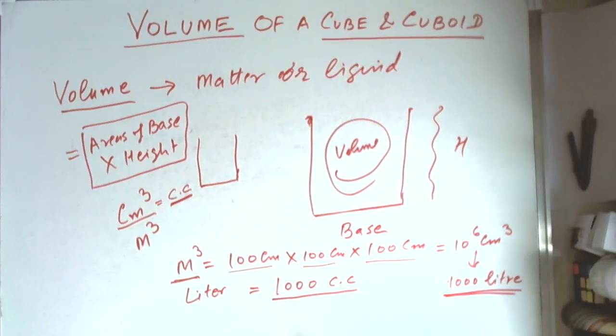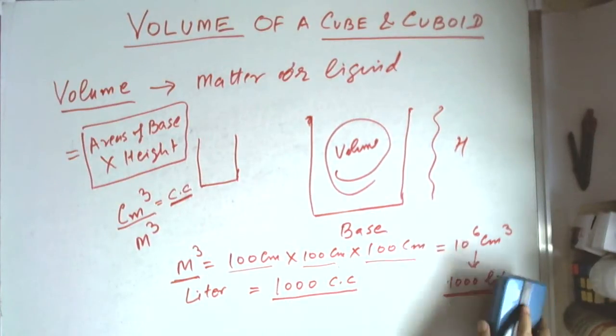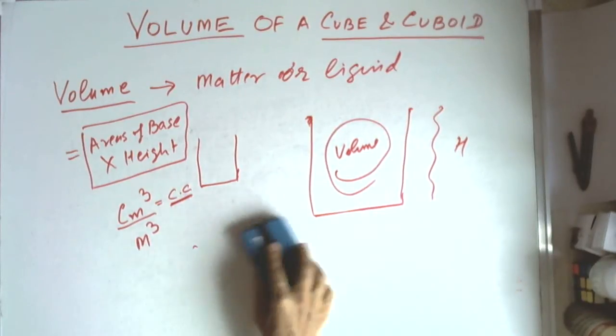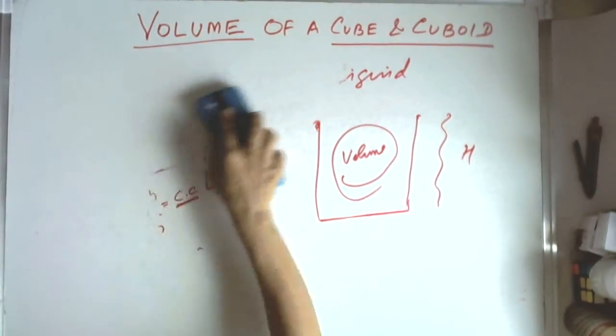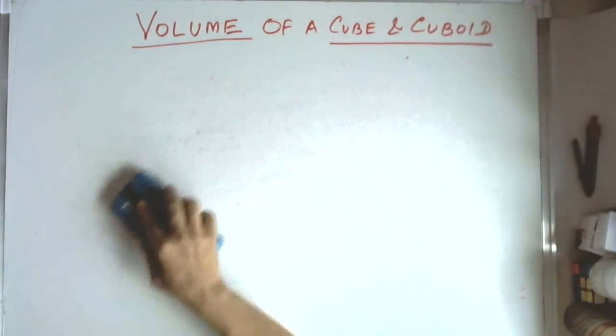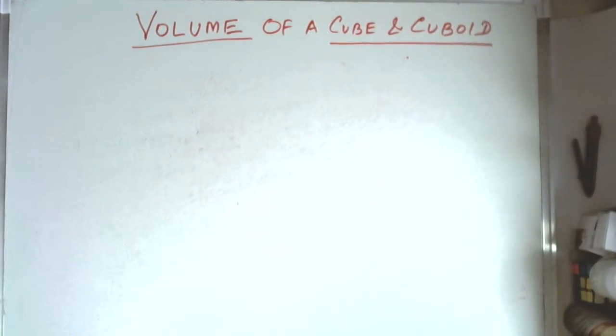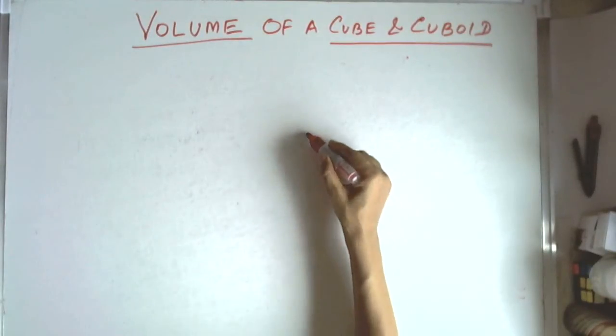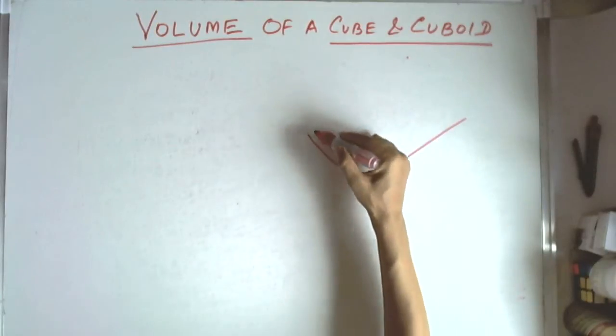Now let us see, if we have a cuboid, how will we calculate the volume of a cuboid? Again, in case of cuboid, we can apply the same basic formula, which is base into height. So in case of cuboid also the same will apply. So we have a cuboid, like this I am making a cuboid.